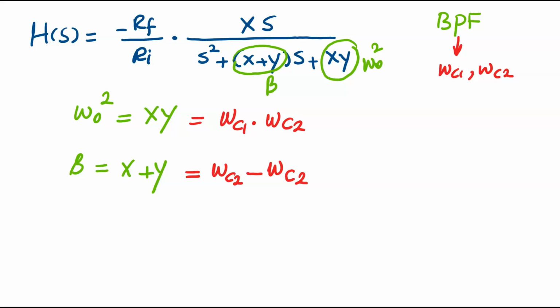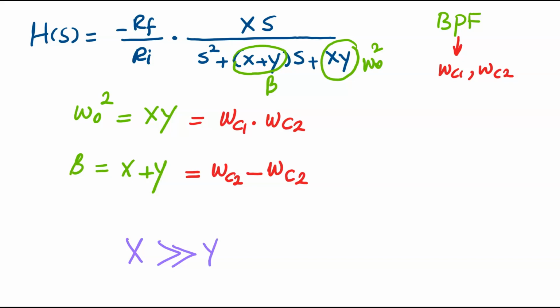So here you can see that normally you don't have the exact same cutoff frequencies for your band pass filter as the cutoff frequencies of the low pass and the high pass. But if you follow one specific constraint, and the constraint is that your x is much greater than y.